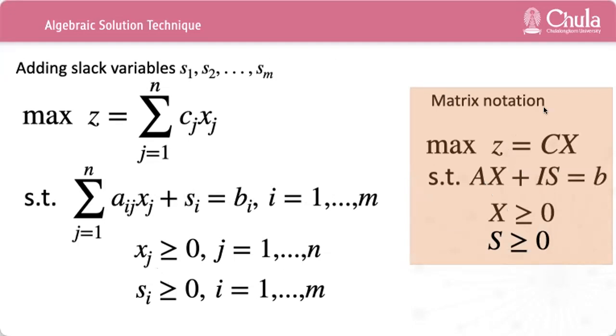For matrix notation, the objective function becomes z equals c x, where c is a vector, x also a vector, but A is a matrix, I is the identity matrix, and s is the vector of slack variables. And b is a vector, of course, and all the b must be positive. And x and s must be non-negative, right?